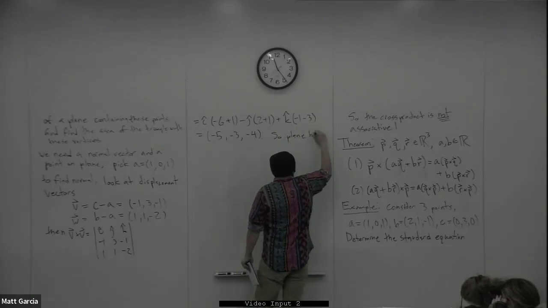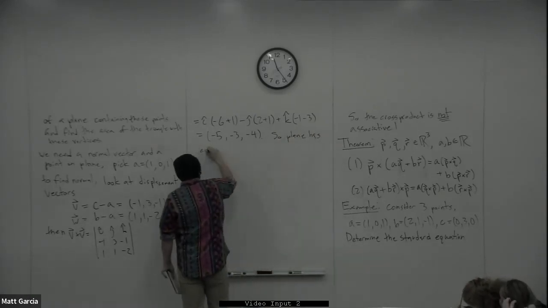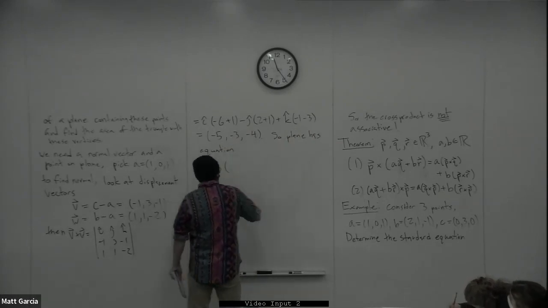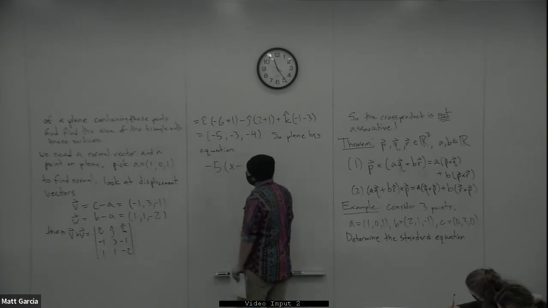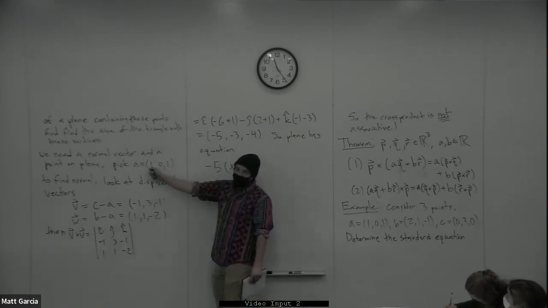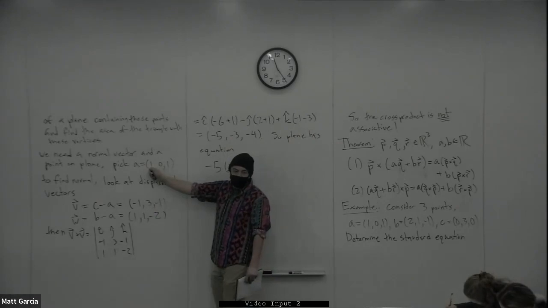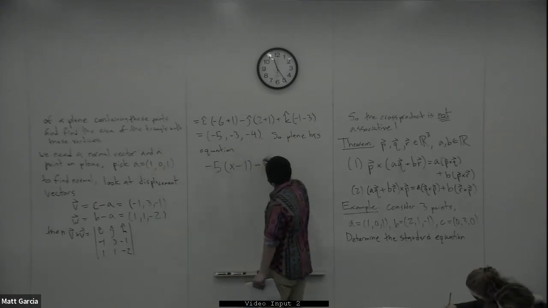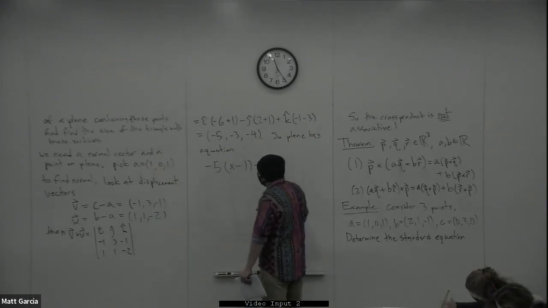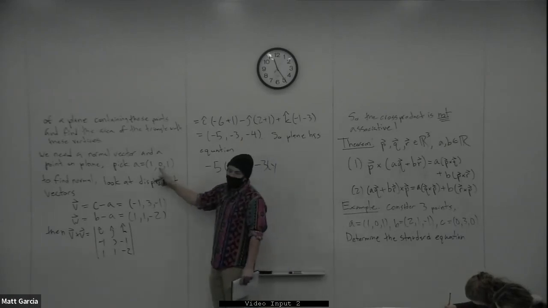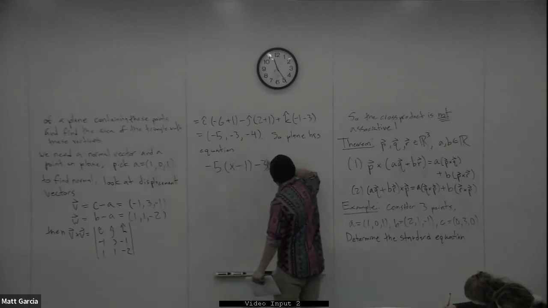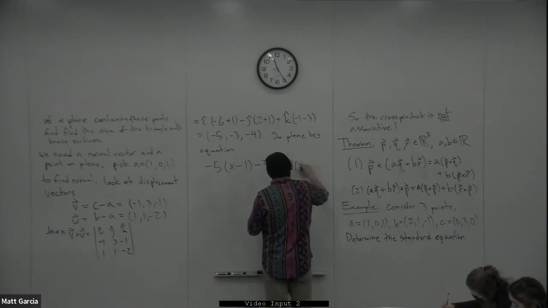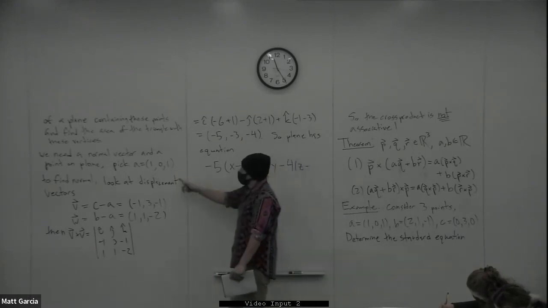Okay, so the plane has equation -5 times x minus the x component of the point that I chose, right? So 1, minus 3 times y minus the y component of the point I chose, 0. I'll just leave this as is. Minus 4 times z minus the z component of the point I chose.